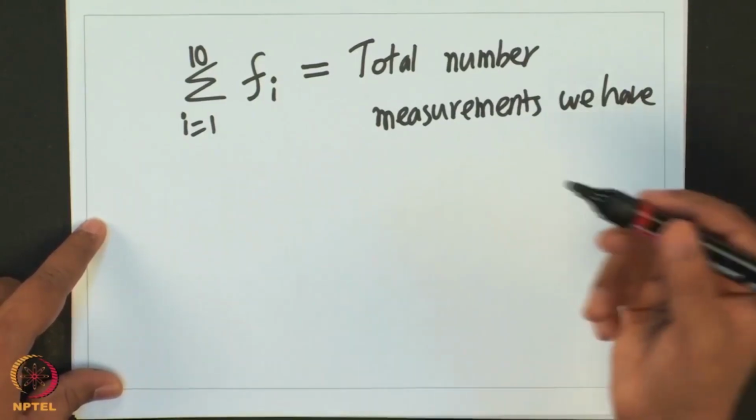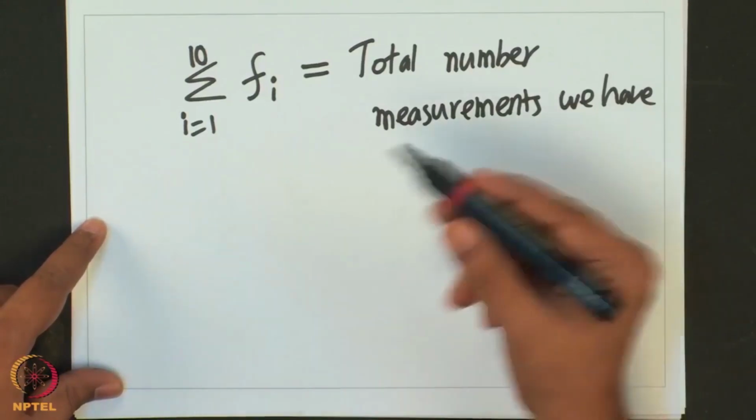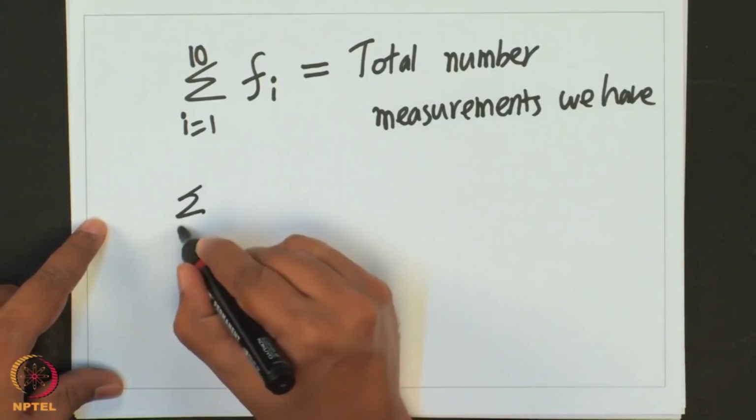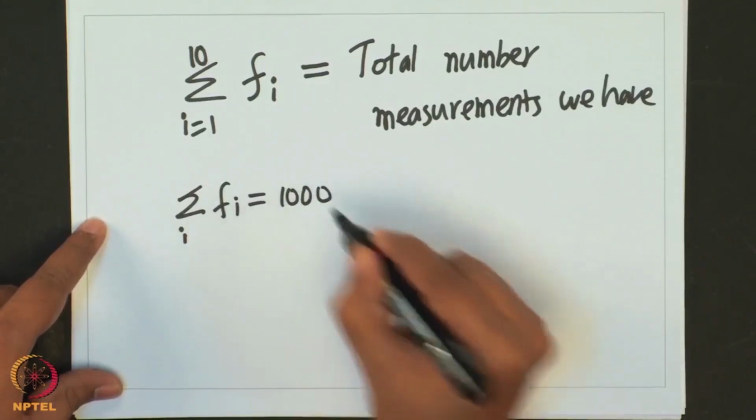If there are 1000 individuals, we are measuring blood pressure of 1000 individuals, sum over I Fi will be 1000. So let us say sum over I Fi is 1000.